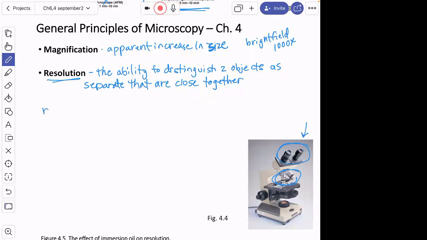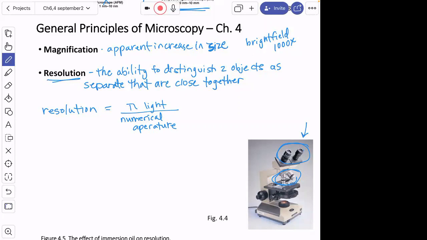So if we wanted to improve the resolution, and this formula is in your lab book as well, the resolution is equal to the wavelength of light divided by the numerical aperture. Sometimes there's a constant associated with that equation that we're not going to worry about.